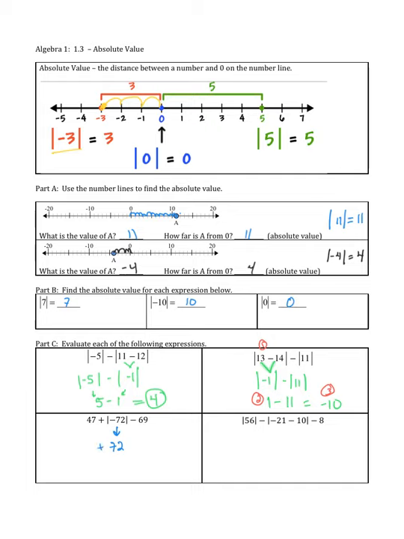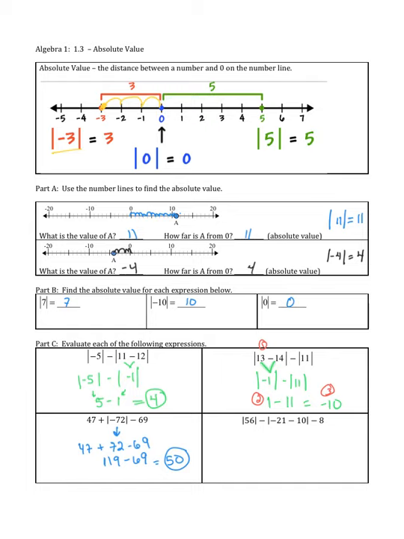Bring the rest of the pieces down. Start working left to right. 47 plus 72 is 119. And then we're going to subtract 69, and that should be 50.